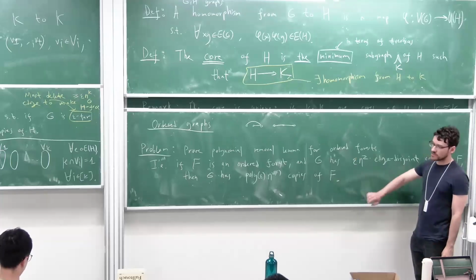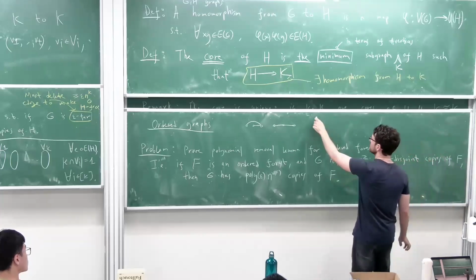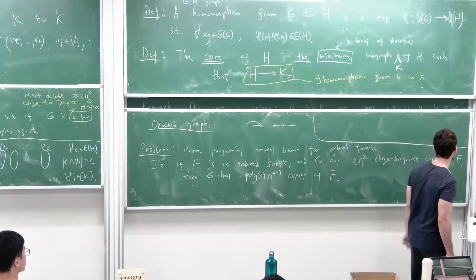If you could prove this, we would get a characterization for ordered graphs of when the removal lemma is polynomial.